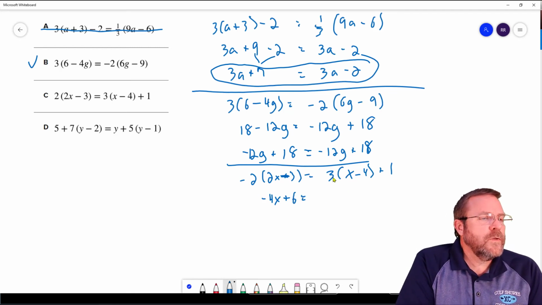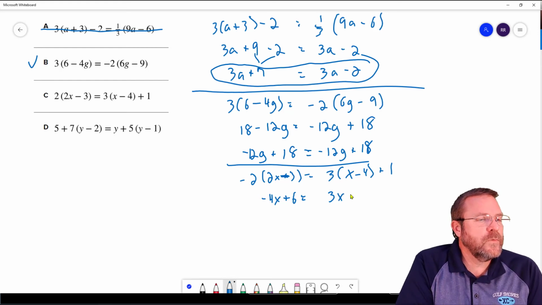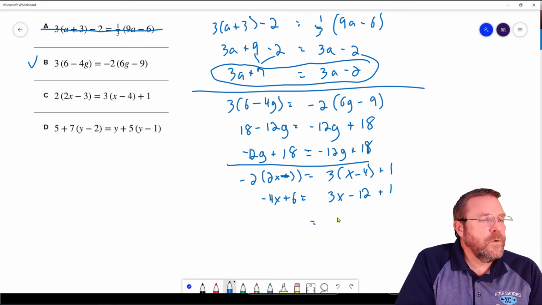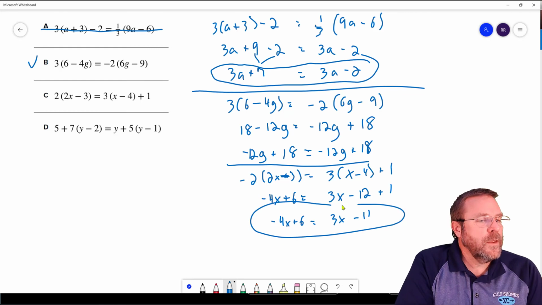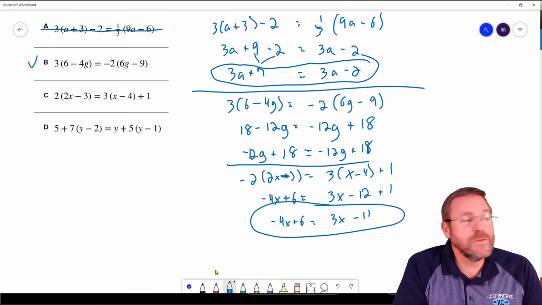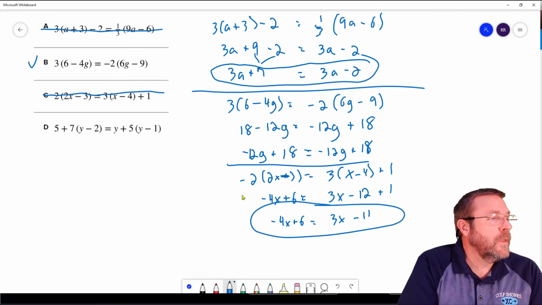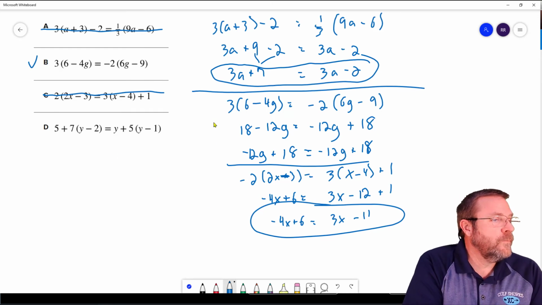On the right-hand side, 3 times x gives me 3x. 3 times negative 4 gives me a negative 12. And then we have the plus 1. So that one will come down to 3x, negative 12 plus 1 is negative 11. And here we have negative 4x plus 6. And what do you see? You see that those two are not going to be the same, so it can't be a valid answer.